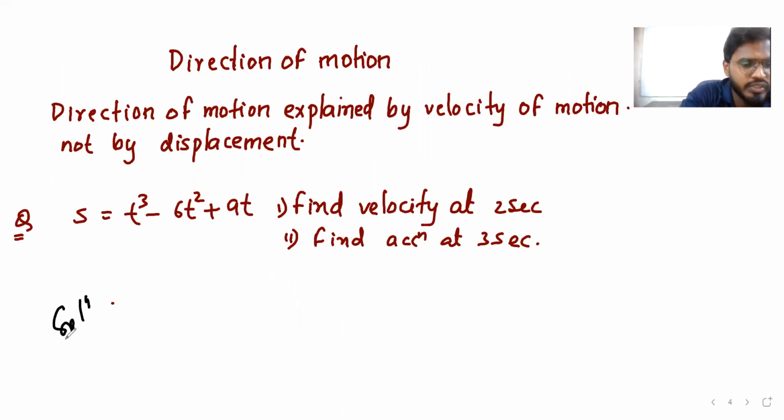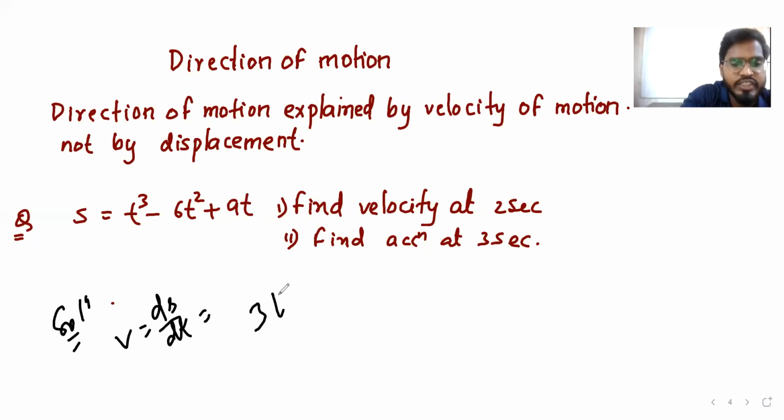Solution of this question: one question is given, s is equal to t cube minus 6t square plus 9t. Find the velocity at 2 seconds, right? So we know velocity is ds by dt. So that is going to be 3t square minus 12t plus 9, right?